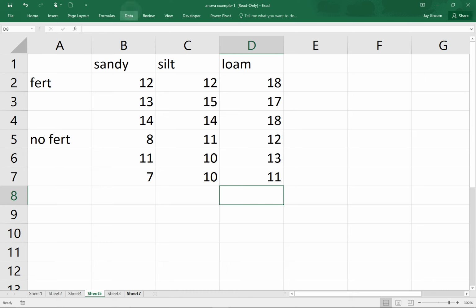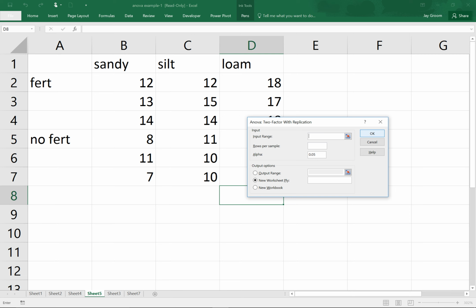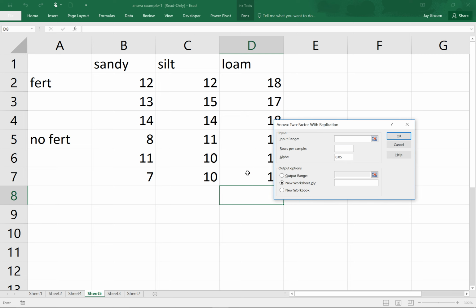So, let's go to Data, Data Analysis, Two-Factor with Replication. So input range, it's everybody, all the way up there to the top. Now, how many rows per sample are there? 3. There's 3 rows per sample.